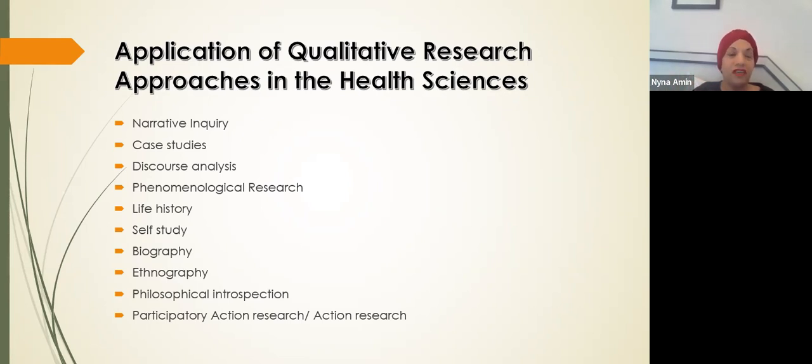There's ethnography, and ethnography is the kind of study which allows you to observe and be a participant and be a researcher in a setting. Ethnography normally refers to a natural setting, but I don't think a hospital is a natural setting. I would say it's much more an authentic setting for understanding how a healthcare organization operates.